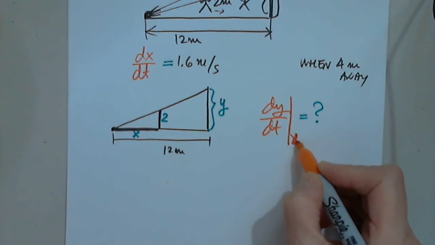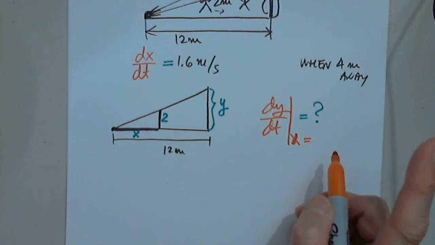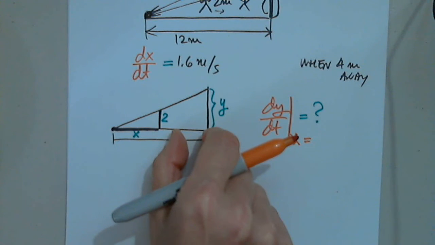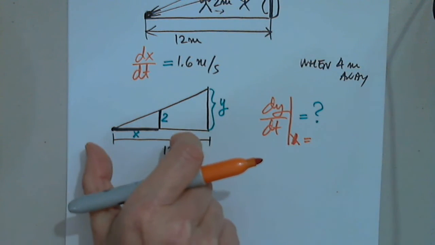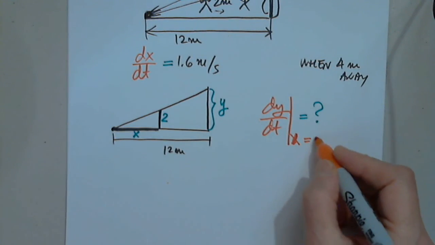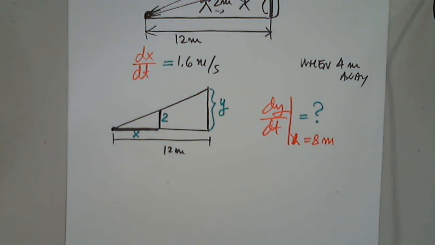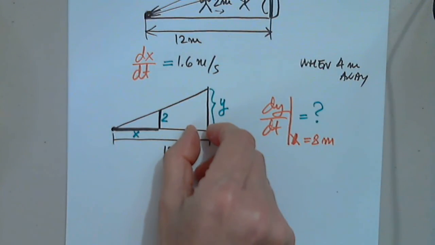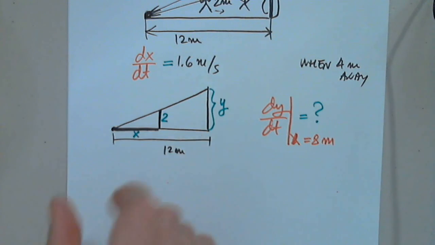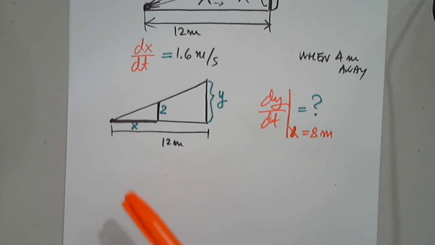When x is, careful, 4 meters away from the wall. How much is x? So 12 minus 4. Correct. Good. When the person is 4 meters away from the wall, he covered the distance of 8 meters. Good. So we need the relationship between x and y.